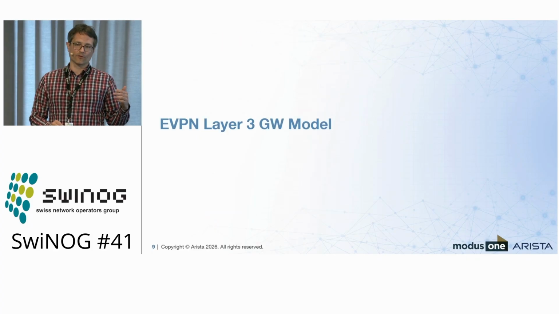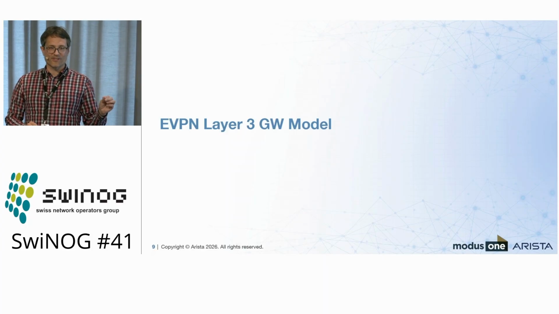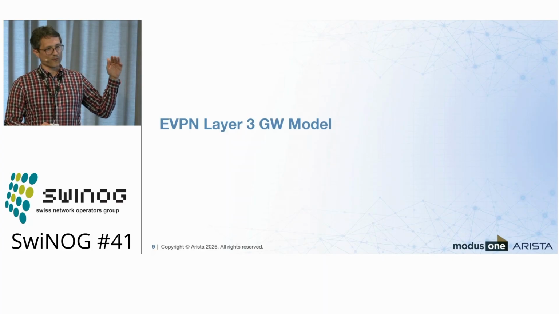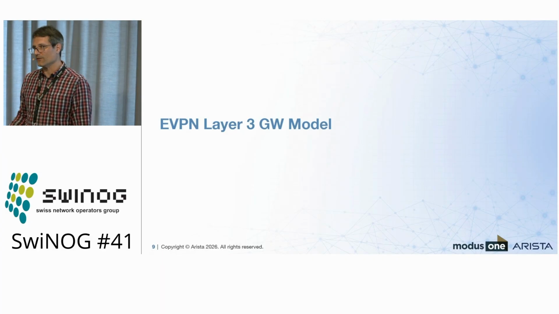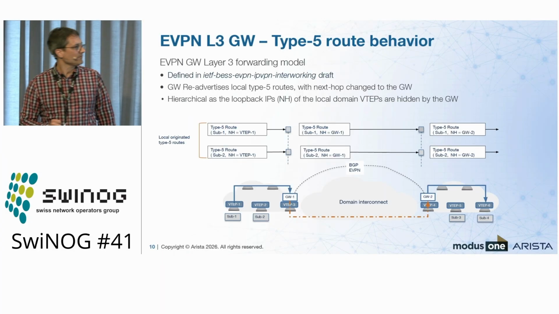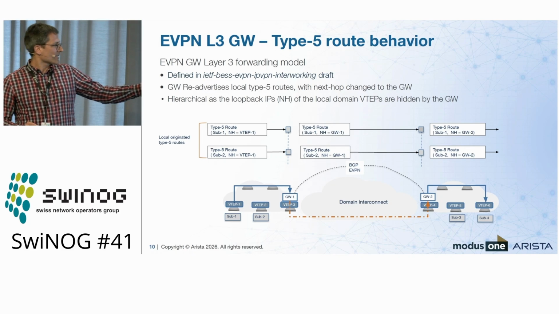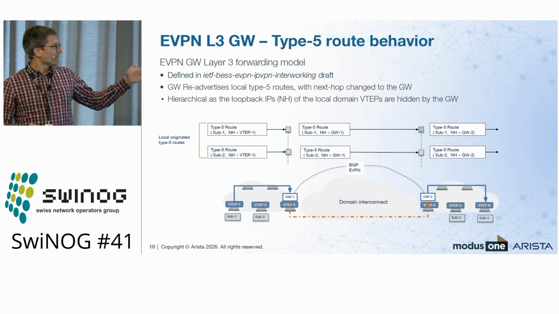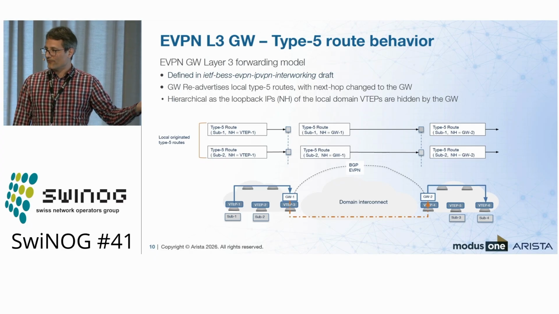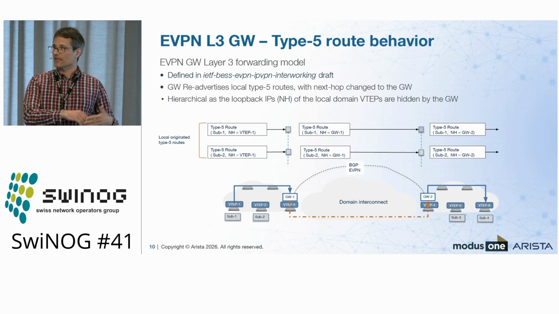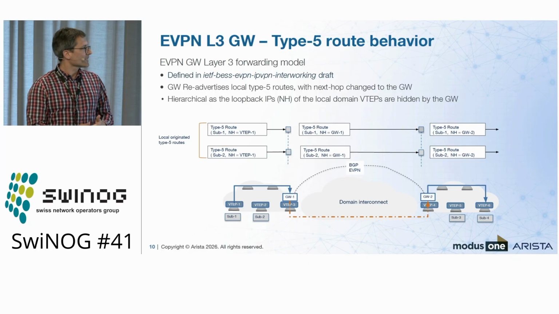Now, I'd like to dive a bit deeper first into how we implement layer 3 EVPN gateways. In this example, we have VTAP 1 or VTAP 2 that originate a prefix. Again, we want to implement here a layer 3 service.